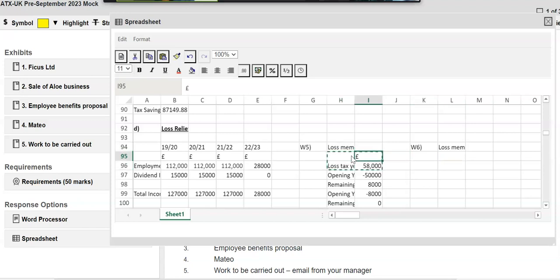Again we have to write this, and we will be adjusting against the total income of 21-22, which is higher, so we'll be adjusting 50,000 there. And then the remaining 8,000 is left, and then we can adjust it against the total income of the current year.